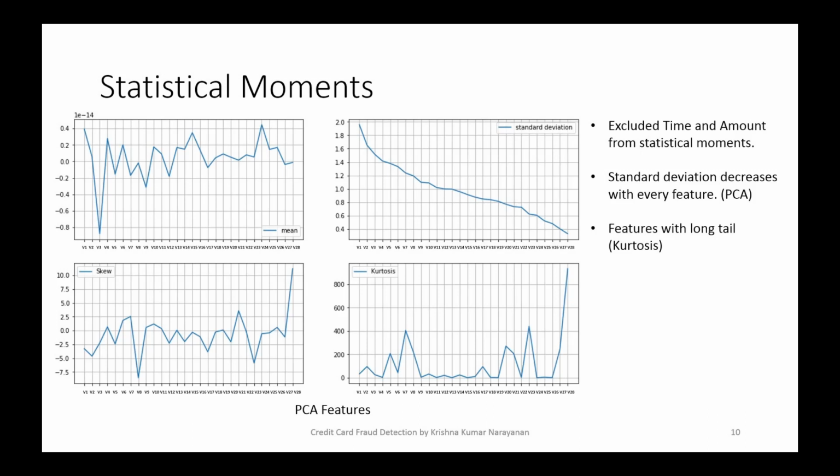It is only understandable that the standard deviation is reducing over the number of features, and the skewness and kurtosis plots also show that there are some features which have very high skewness and a long tail with respect to kurtosis.